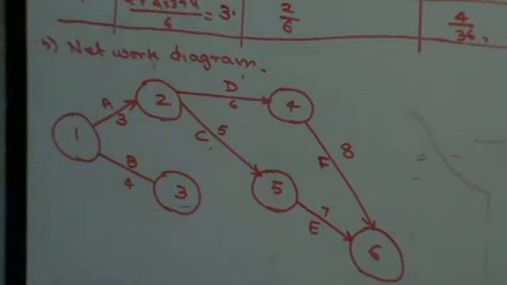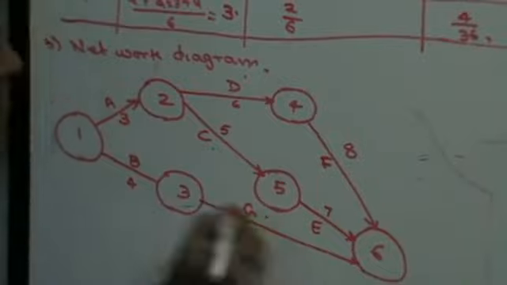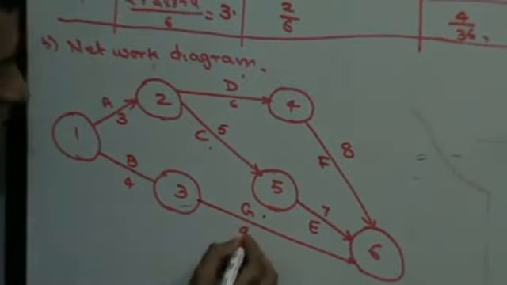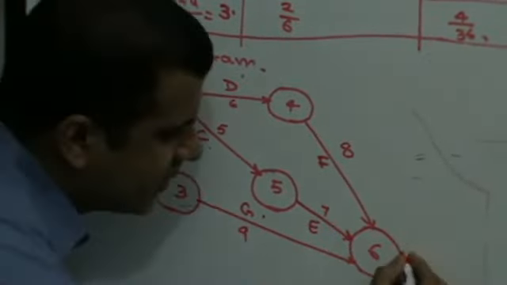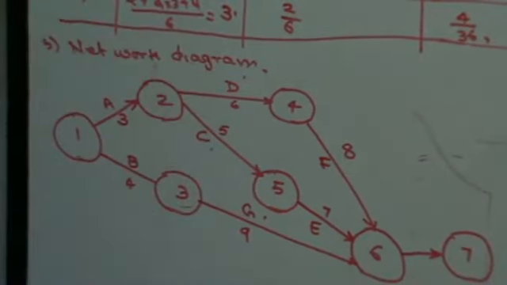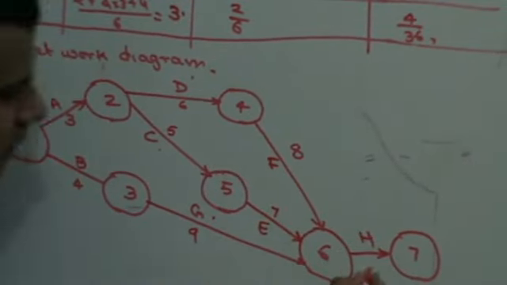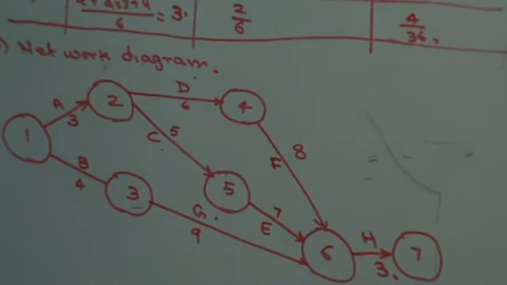Then you have 3 goes to 6, which is activity G, which is 9 weeks. And then you have 6 goes to 7, which is H, that is 3 weeks. So that's my network diagram.